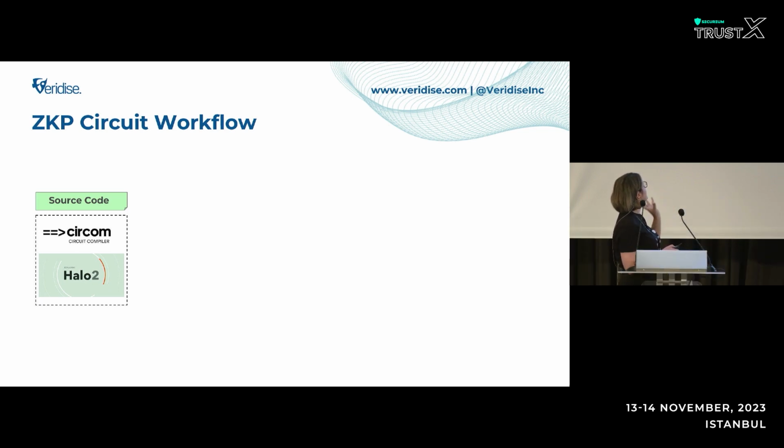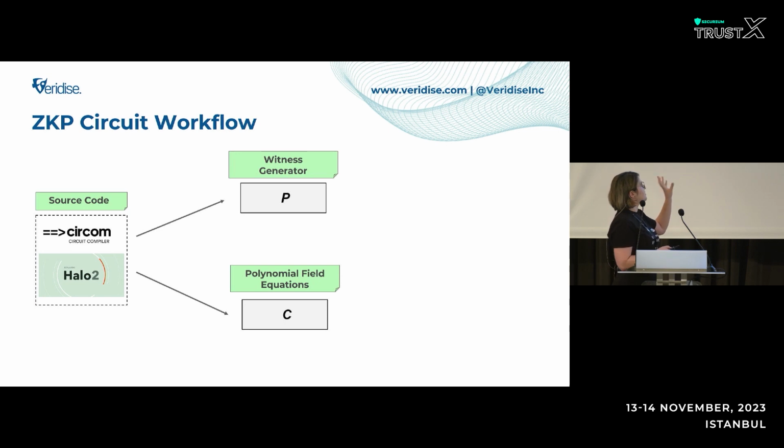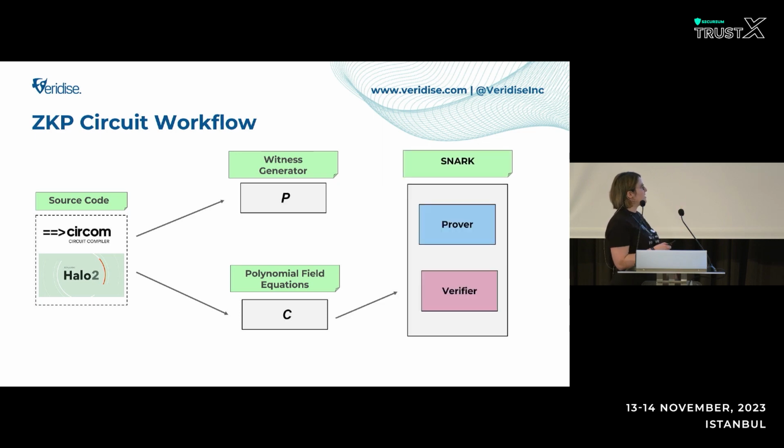We start with the source code, which can be written in DSLs such as Circom and Halo2, and then this source code is transformed into two entities, which in this case are the witness generator and a set of polynomial field equations. And the latter is afterwards used to produce a prover and a verifier that are integrated with the ZK applications, and these two entities are collectively called a SNARK.